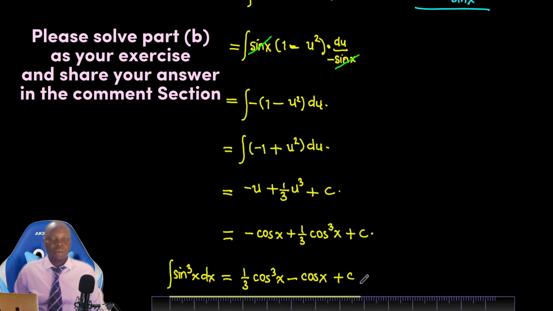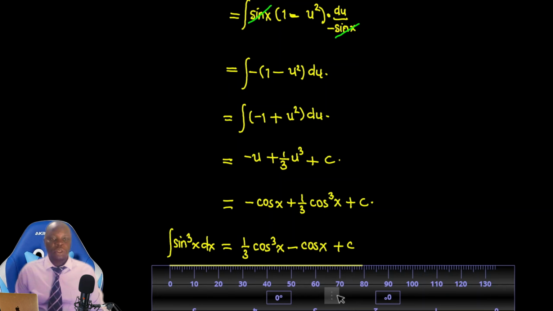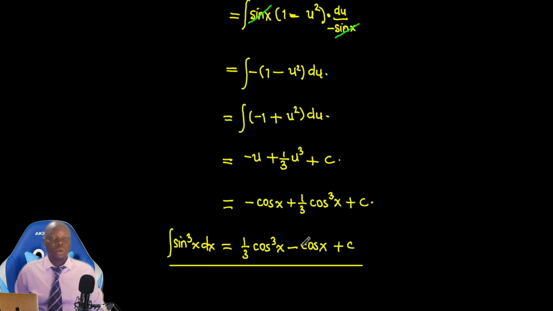Now after here, I think you have gotten exactly what is required if you are solving a question of this type to the power of 3.